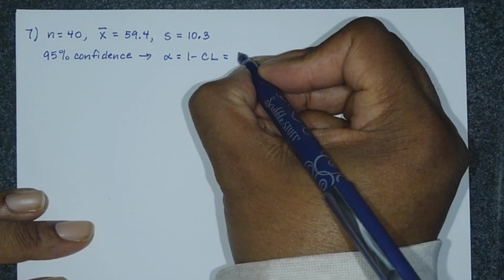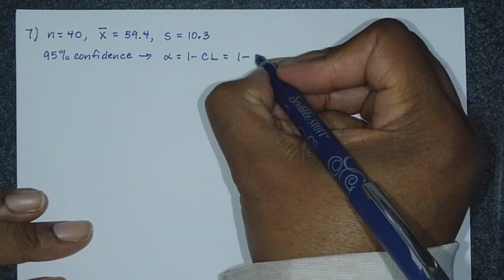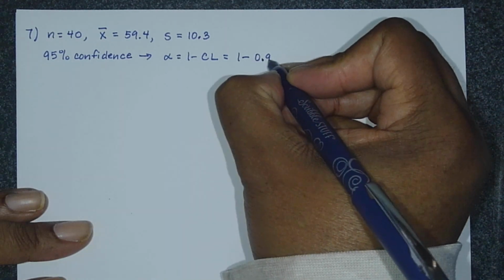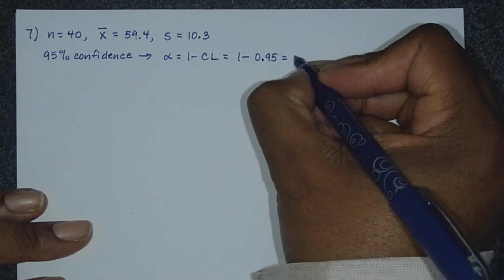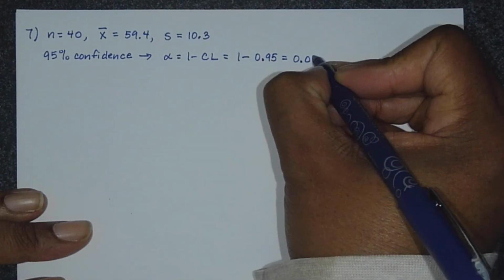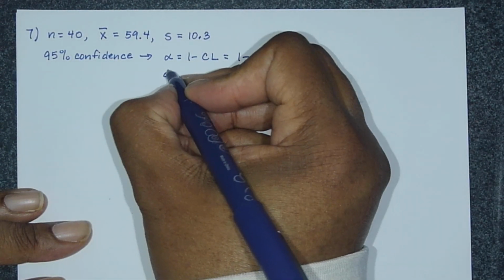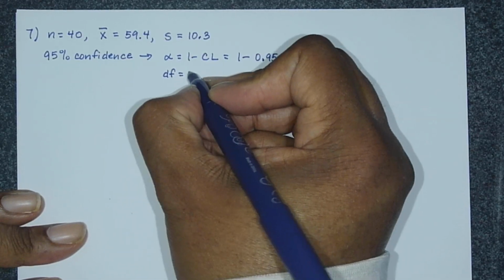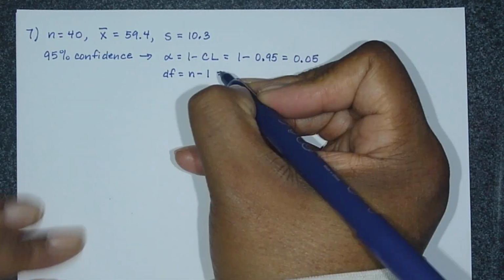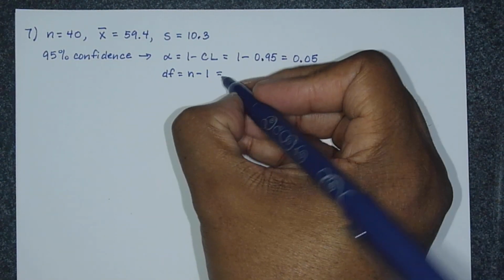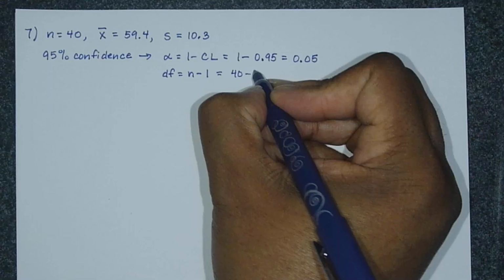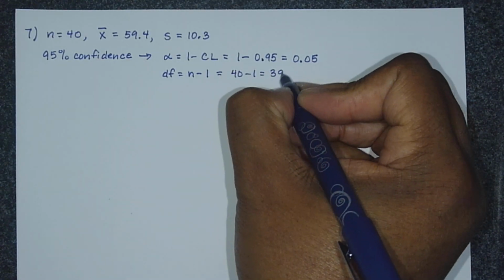So here I do 1 minus 95% as the decimal will be 0.95. And what's 1 minus 0.95? 0.05. And I also need something else, the degrees of freedom. That's always a sample size minus 1. 39, because n is 40. 40 minus 1 will be 39.